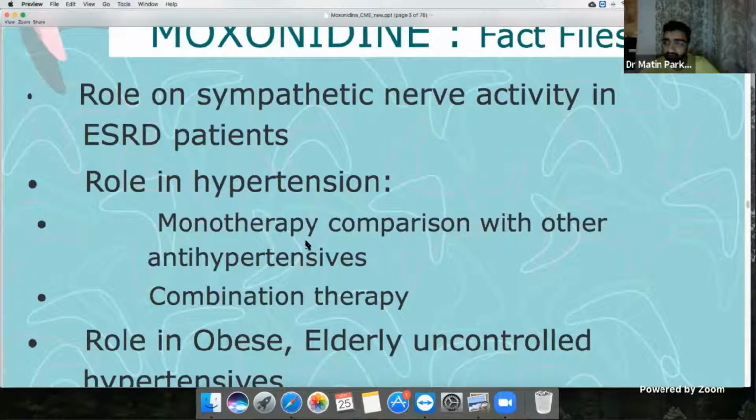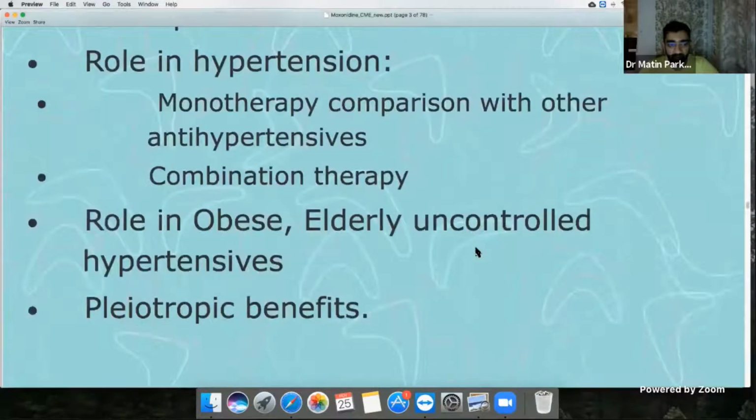But still, there are studies which also quote that monotherapy is effective for managing hypertension. There is a role in obese, elderly, uncontrolled hypertensive patients.